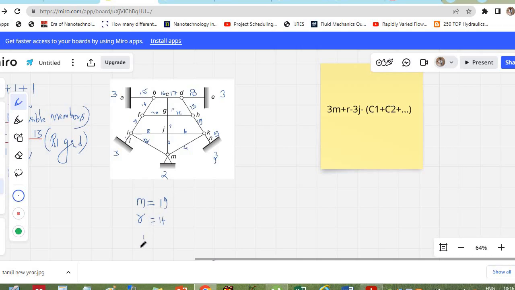And how many joints? So you have to calculate the number of joints.